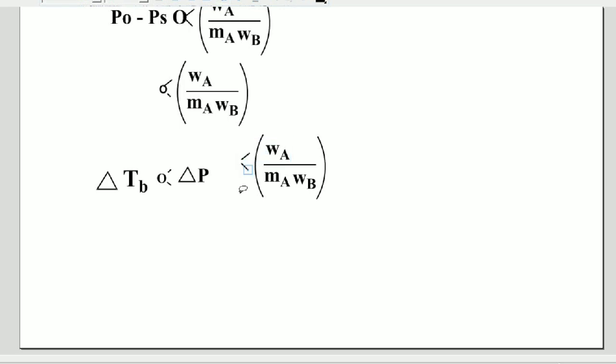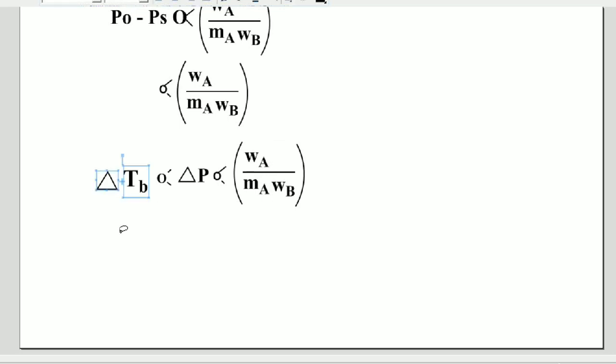Therefore, delta TB is proportional to delta P, which is proportional to WA by MA into WB. Delta TB is nothing but the elevation in the boiling point.